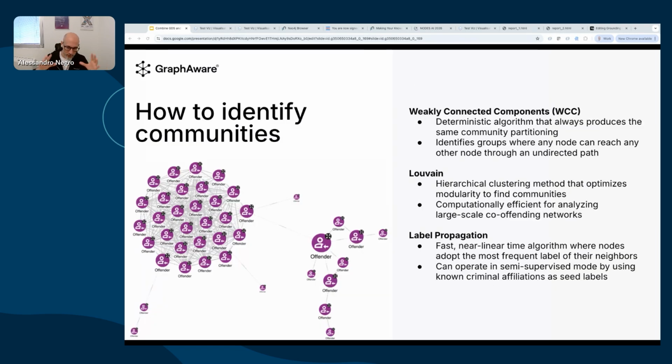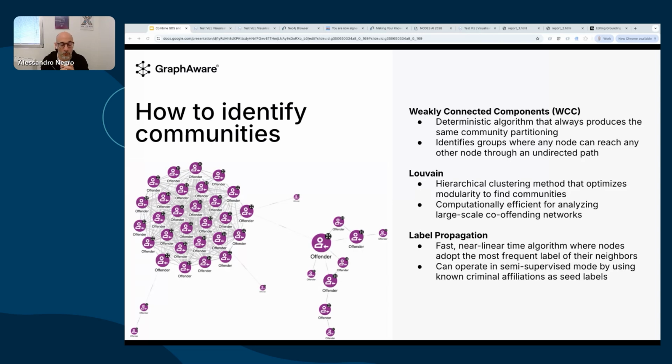So now we have, let's say, a huge criminal network, or co-offending network. What we need to do now is to start dissecting it into various communities based on how people tend to commit crimes together. There are different algorithms to do that, and the Graph Data Science library provided by Neo4j contains three very good options.